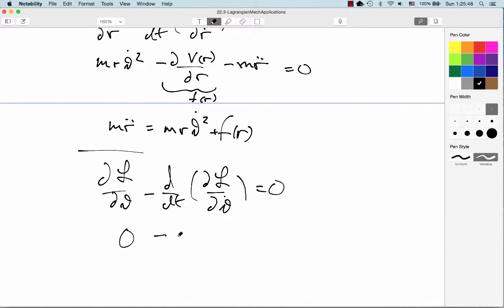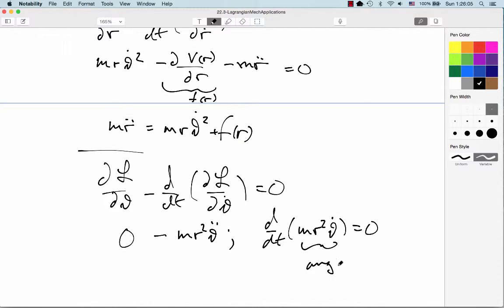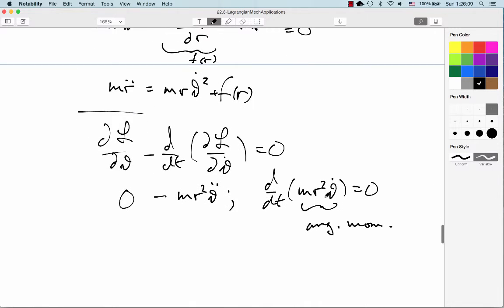Differentiate that with respect to time, I get minus m r squared theta double dot equals 0. Or I can write this as d dt of m r squared theta dot equals 0. And I do that because this is the angular momentum. So we get that the angular momentum is conserved here.